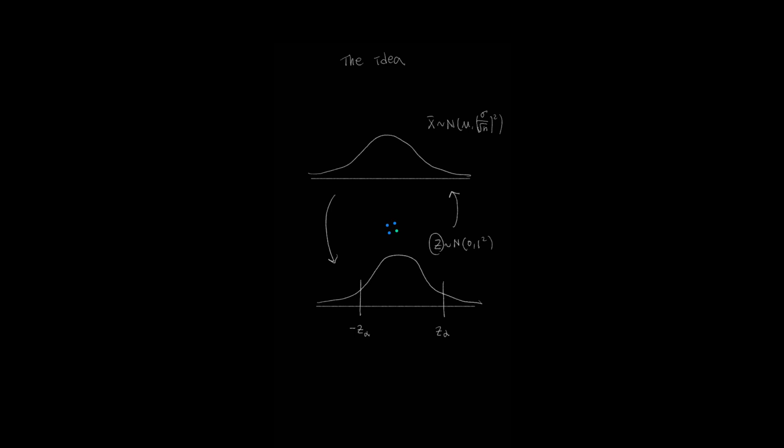So we're going to use that advantage of the standard normal distribution to get the probability of our range in our distribution, which is x bar's distribution.